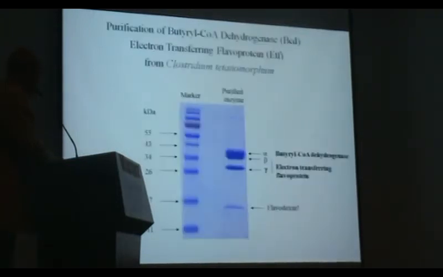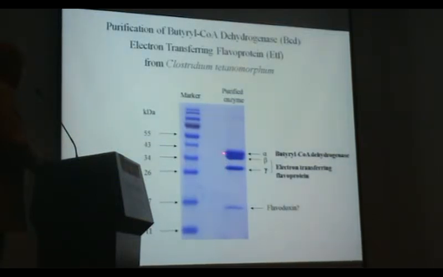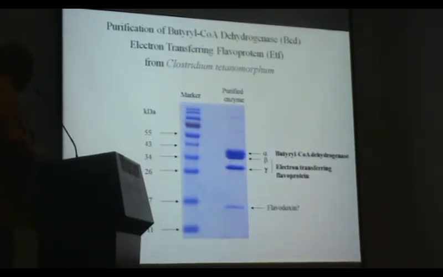First, we purified this enzyme system and found it contains three components. The alpha is related to butyryl-CoA dehydrogenase and acyl-CoA dehydrogenase, and beta and gamma are related to electron transferring flavoprotein.